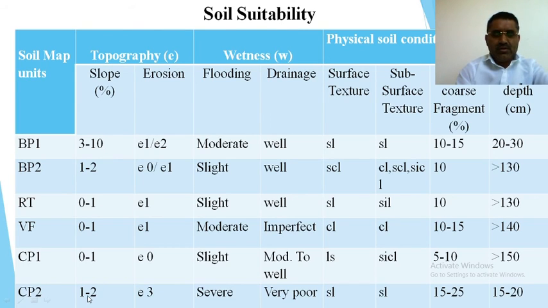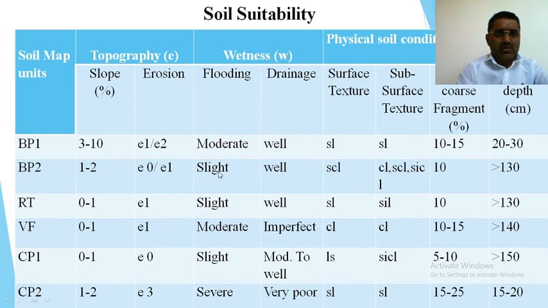We simply go from here 1 to 2, 0 to 1, 0 to 1, 0 to 1, 1 to 2, and 3 to 10. Means here is increase, and so BP1 soil map unit is useful for the agriculture.